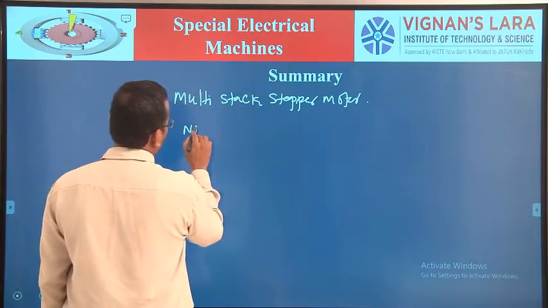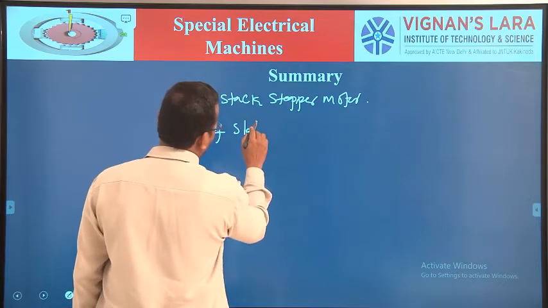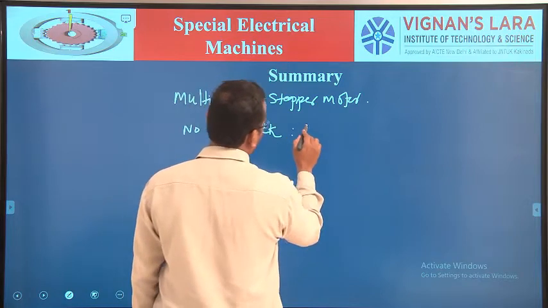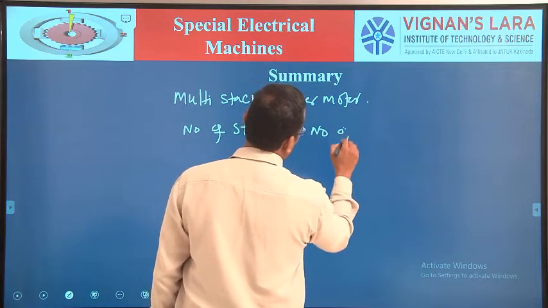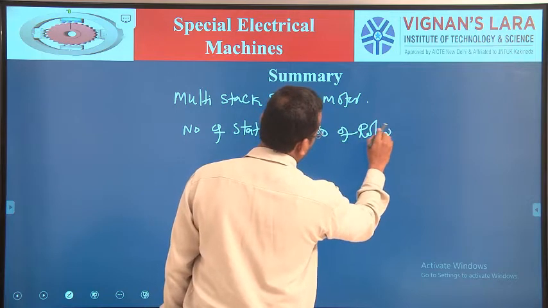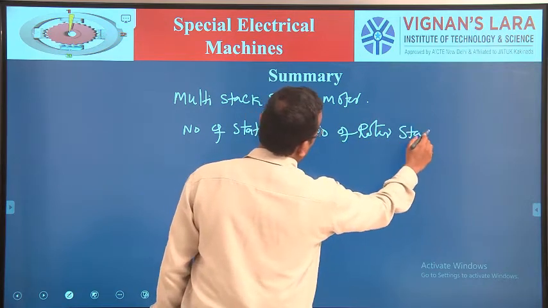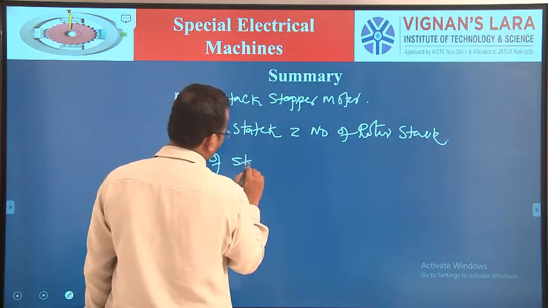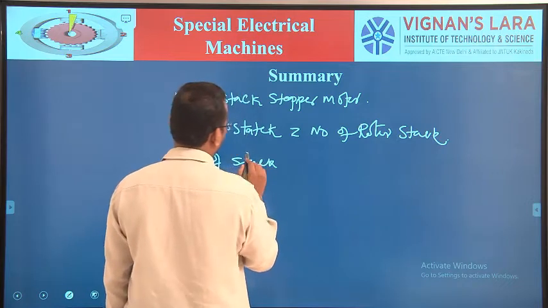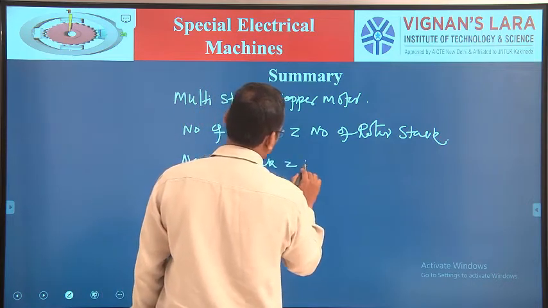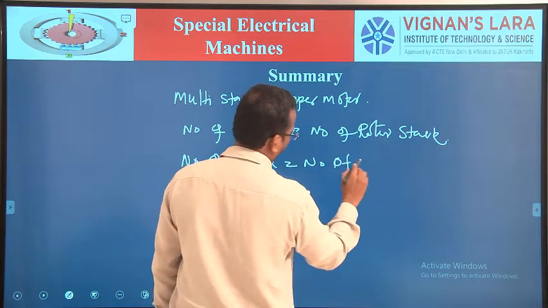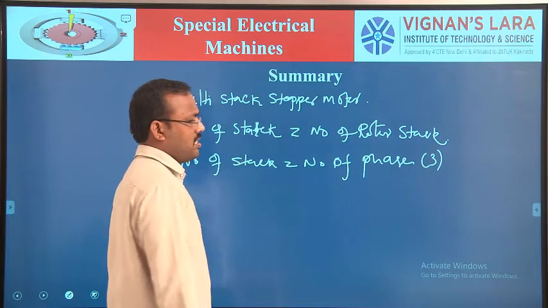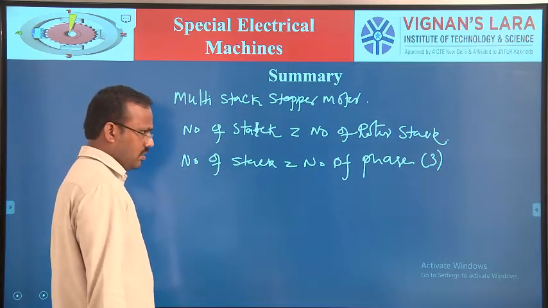The number of stacks in the stator is equal to the number of rotor stacks, and the number of stacks equals the number of phases. So 3 stacks means 3 phases, 4 stacks means 4 phases.